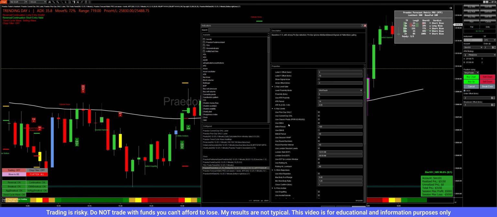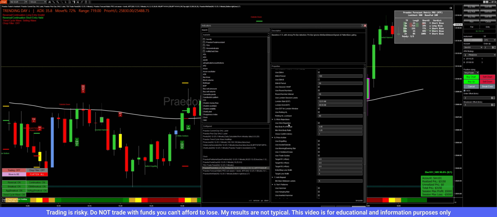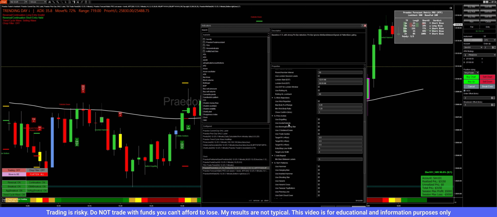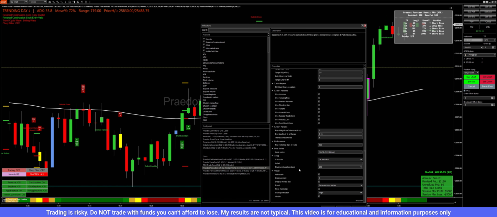And you can use this in what I call intra-bar mode or on-bar close. So if you have an intra-bar, okay, you'll have it on each tick or price change.